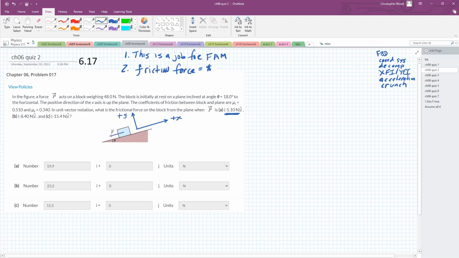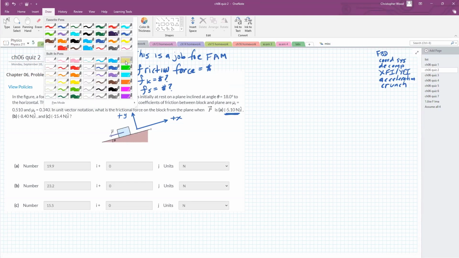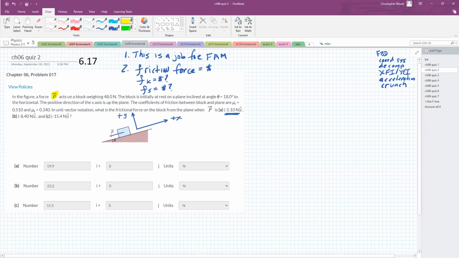If they're asking me to find the friction force, are they talking about kinetic friction or static friction? And the answer is, I don't know. So I'm going to read through the question again. It says, this force P, which is right here visually, is acting on a box weighing 48 newtons. The block is initially at rest. So that's noteworthy, I suppose. Maybe. It's initially at rest. I know theta.